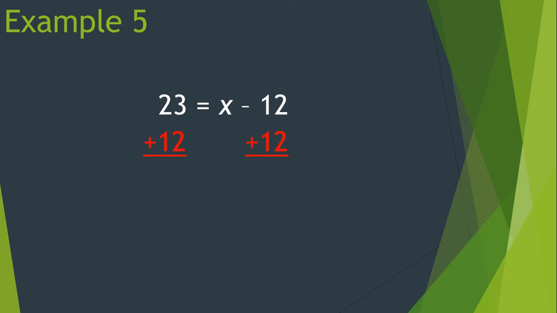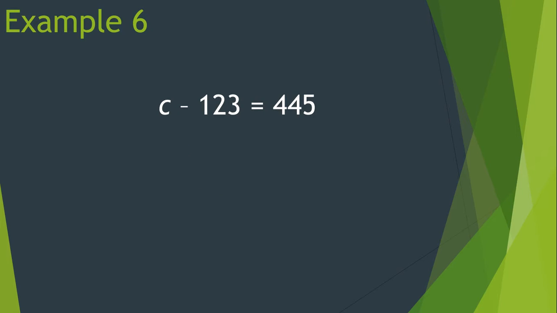Then, going left to right, I can do 23 plus 12 is equal to 35. Bring down my equal sign, bring down my x, and my minus 12 and plus 12 cancel out. X is 35.